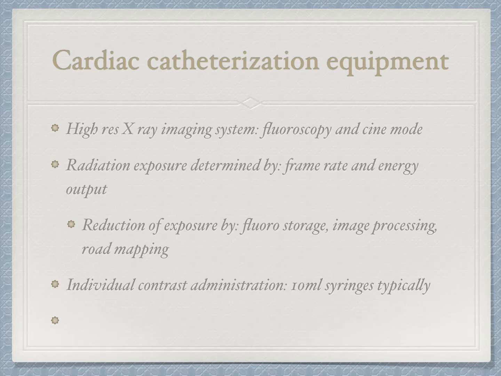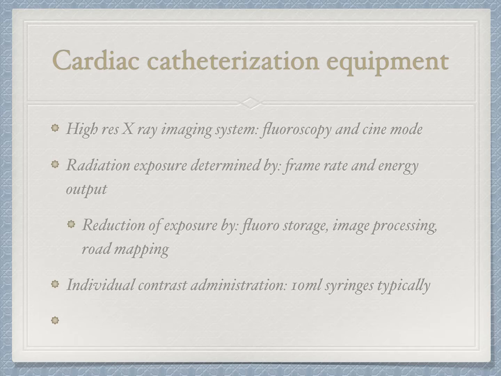Now, what about equipment? You have the high-resolution X-ray imaging system that will give you fluoroscopic and cine mode imaging. How do you reduce exposure? Radiation exposure is determined by frame rate and energy output. Remember, cath lab frame rate is pretty high.